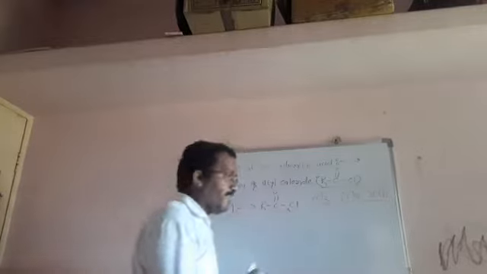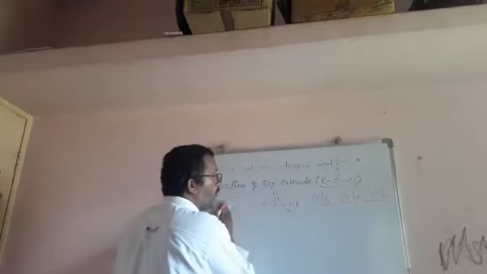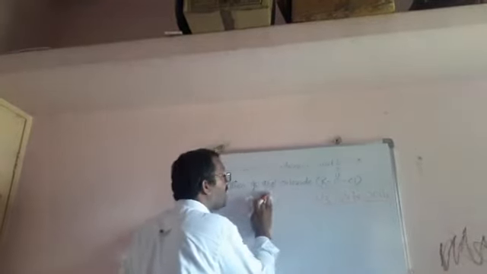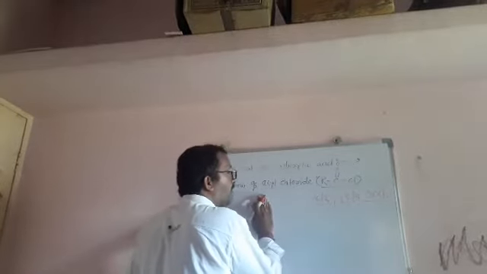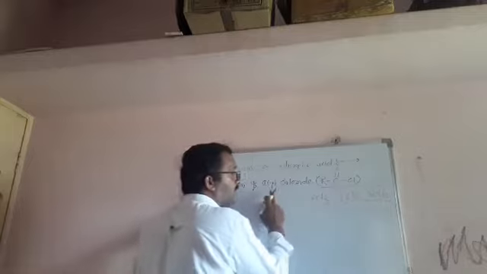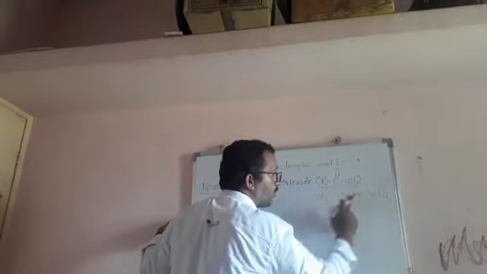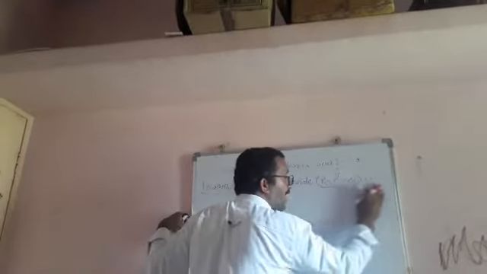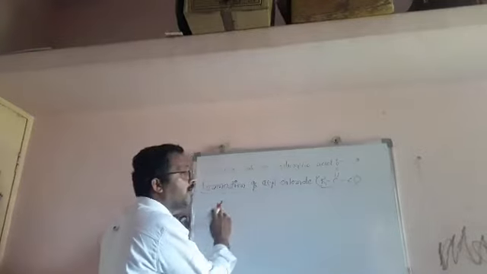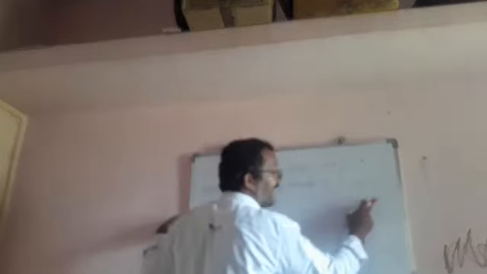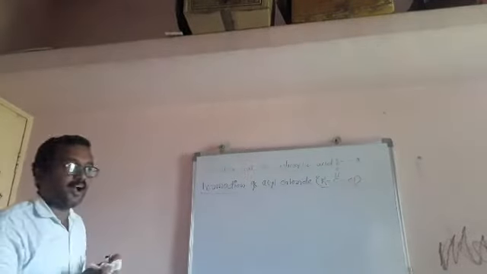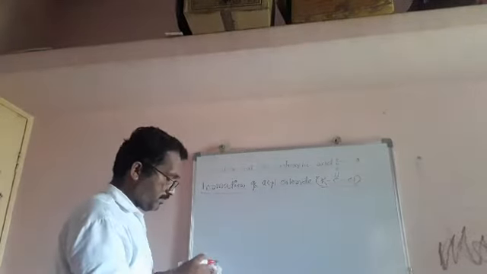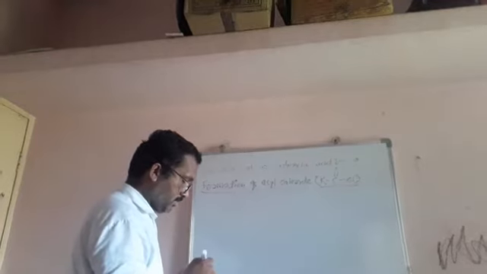First of all, we are going to look at the reactions of the carboxylic acid with thionyl chloride. We prepare acyl chloride by reacting thionyl chloride with the carboxylic acid.